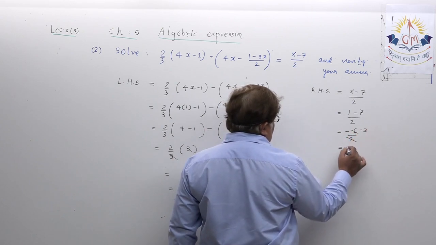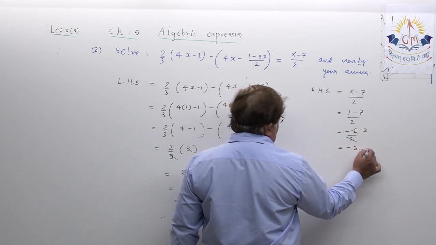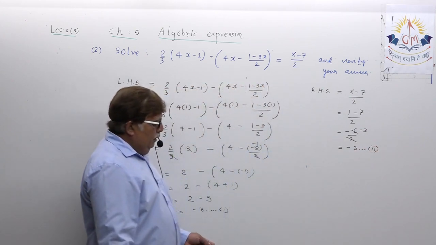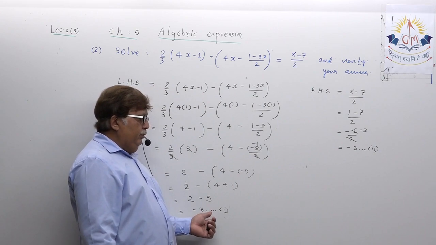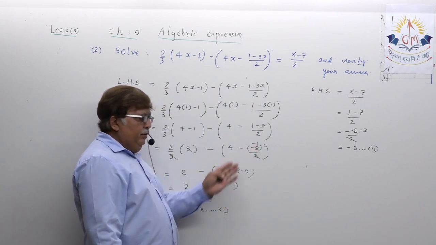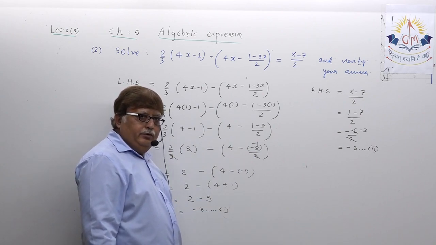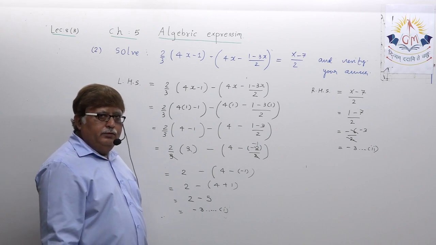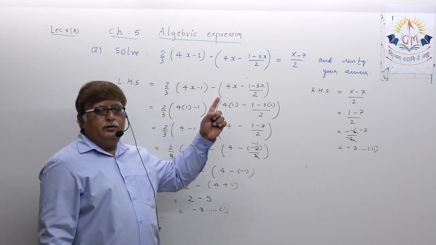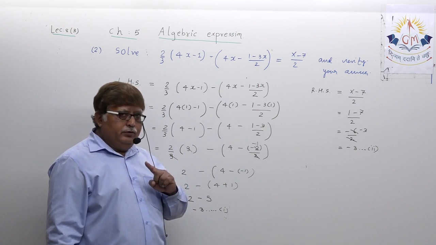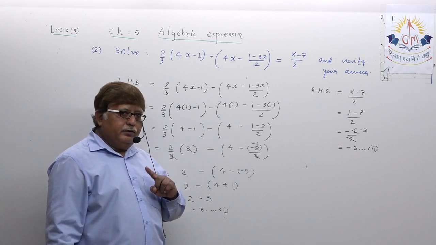Just cancel. Minus 3. You got result number 2. What you can verify from the result is that result 1 and result 2 both appear equal. So your answer x equal to 1 which you got is correct.